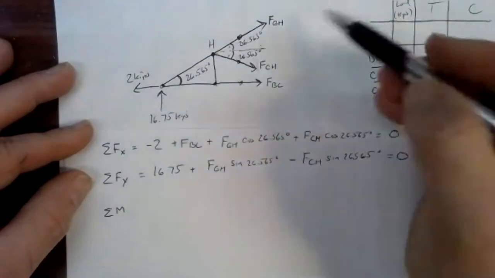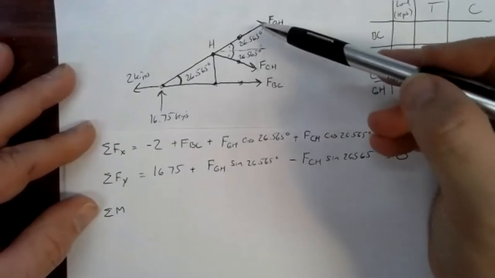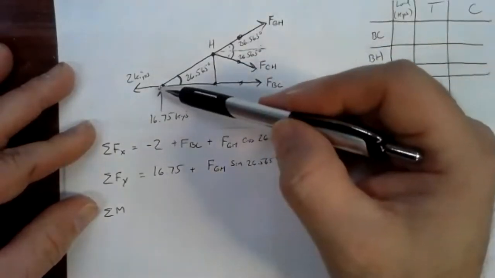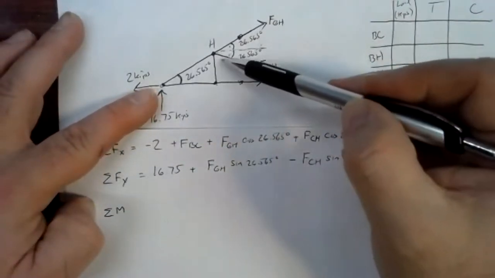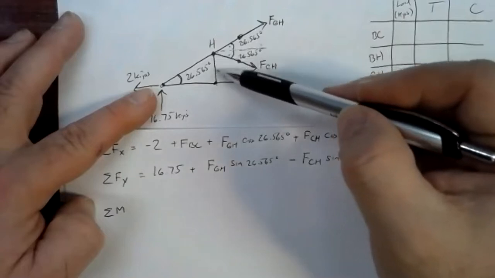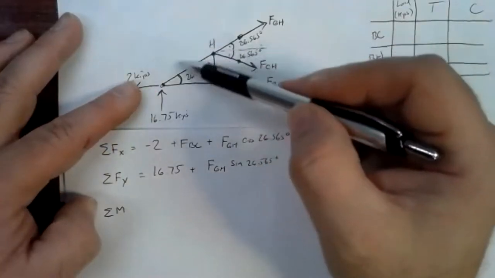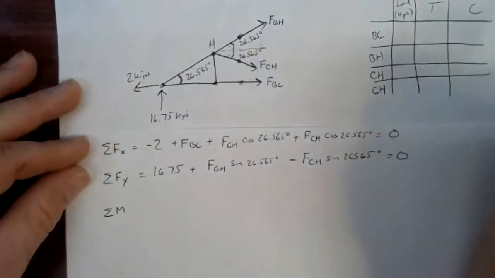It's not too bad of a trouble, I suppose, but it's ugly. We'd knock out FGH and FBC because both of those would have lines of action going through. But then we'd have kind of a complex moment to take here. We'd have to figure out what the perpendicular component of FCH is, or figure out what the distance is to that line.